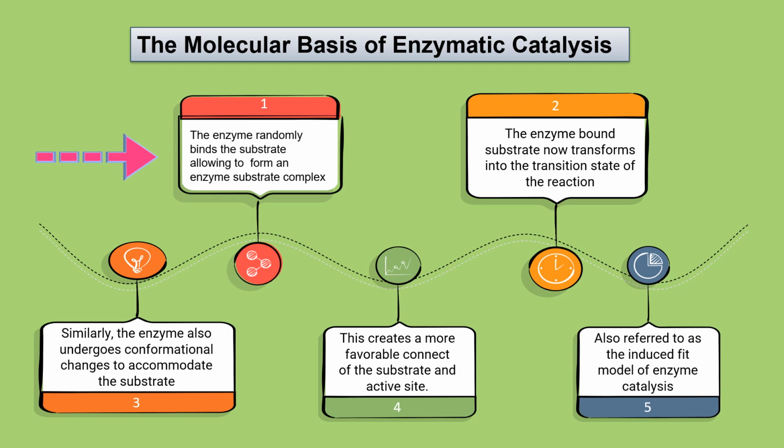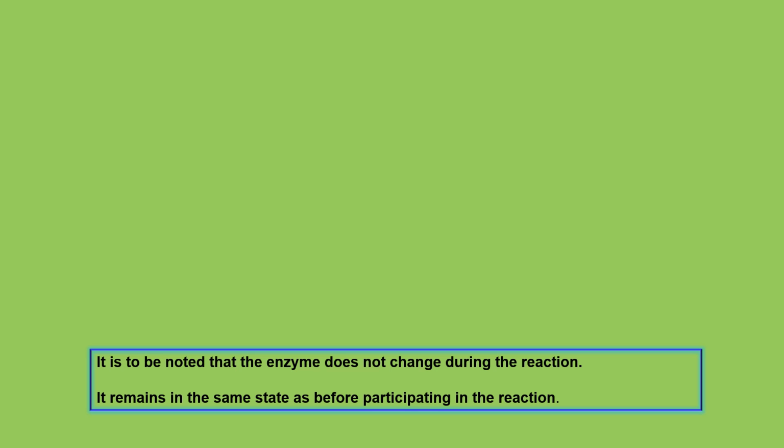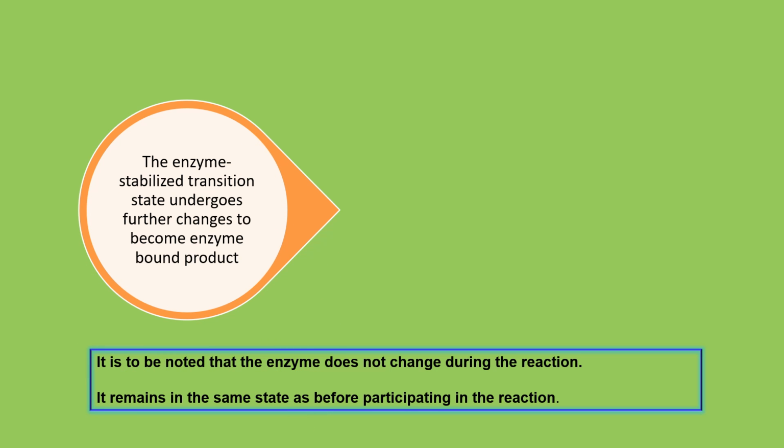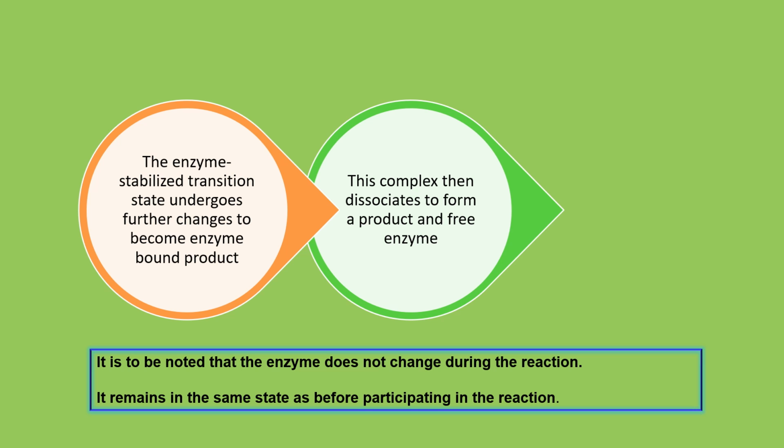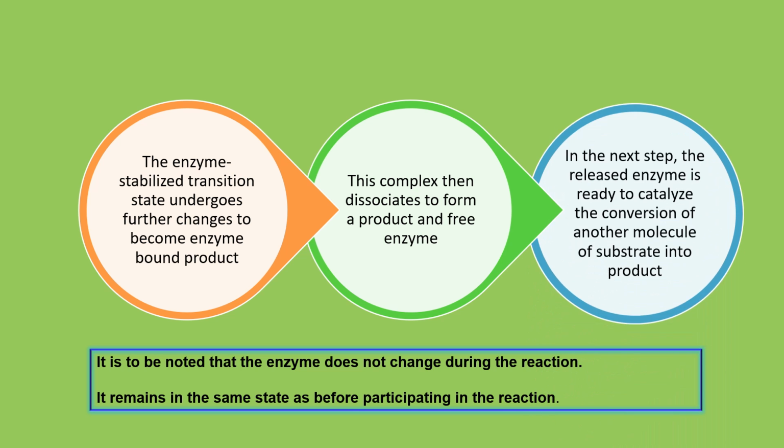This is also referred to as the induced fit model of enzyme catalysis. The enzyme stabilized transition state undergoes further changes to become enzyme-bound product. This complex then dissociates to form a product and a free enzyme.